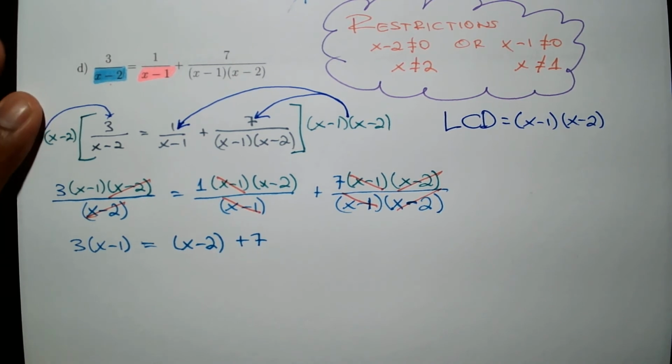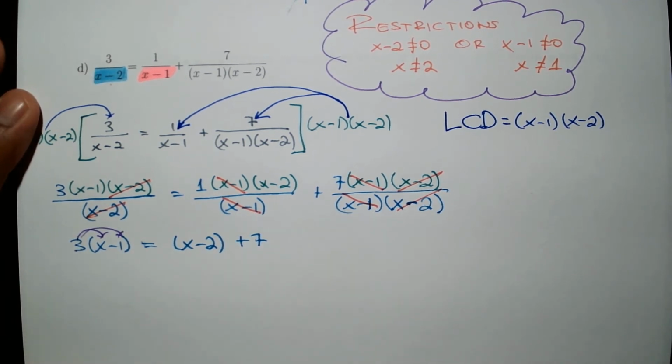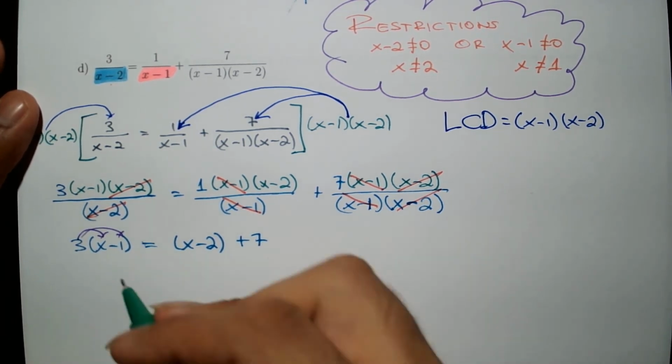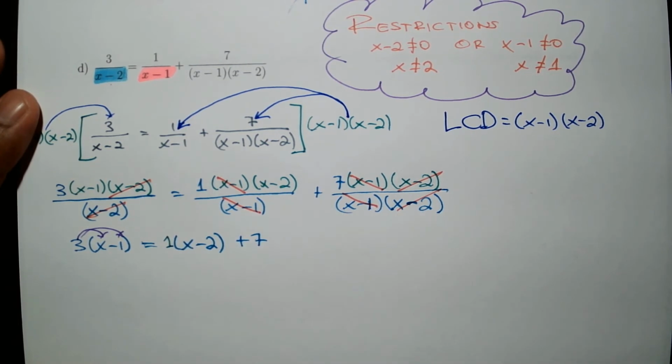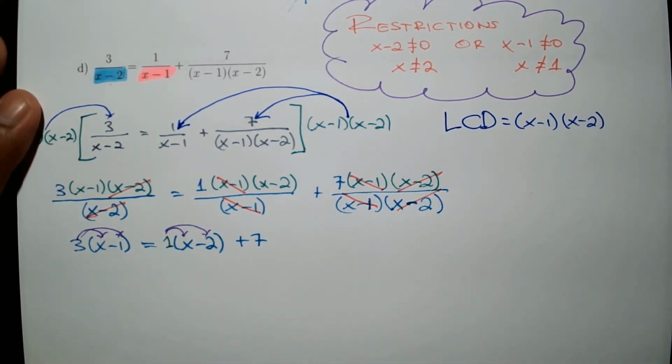Alright, what am I going to do next? The next thing we do is distribute the 3. And think of this as having an invisible 1, so you might want to distribute that 1. But ultimately what we do is simply get rid of the parentheses.